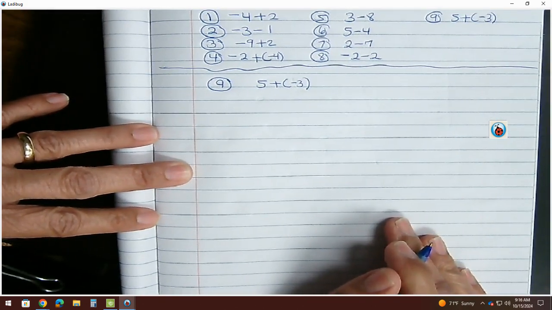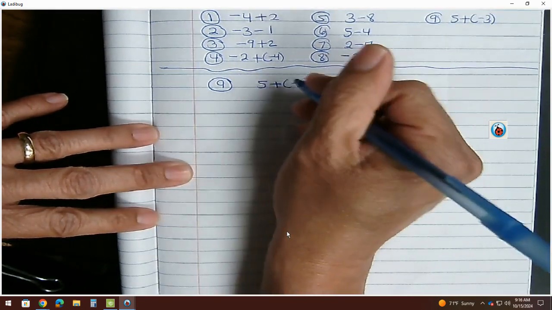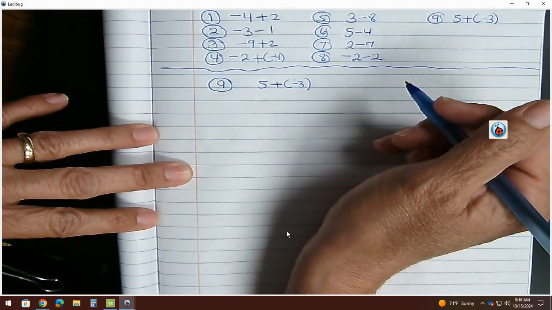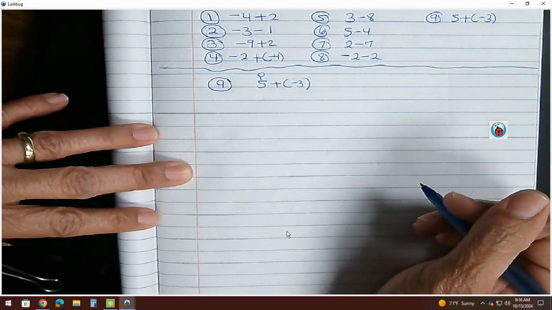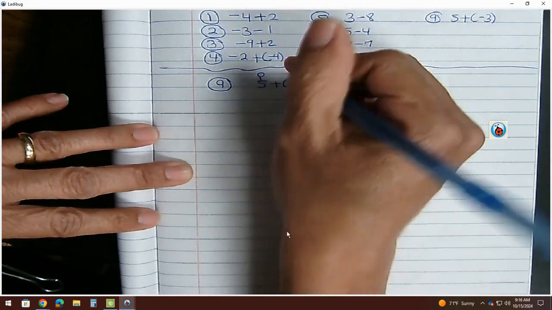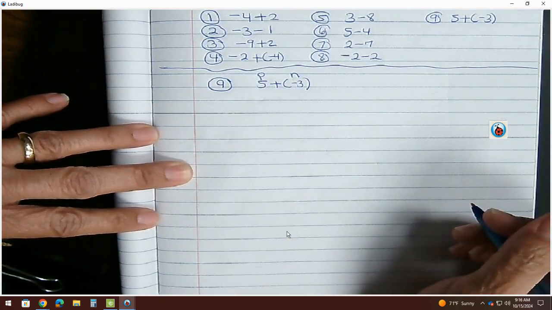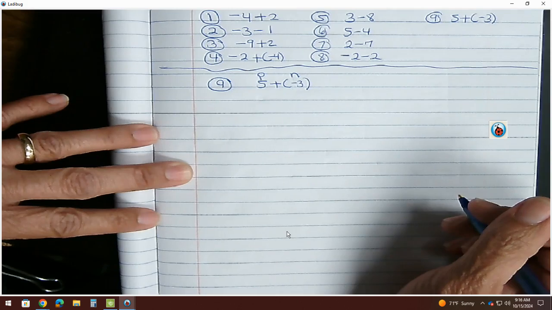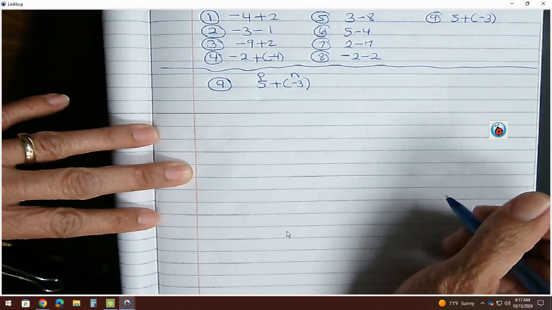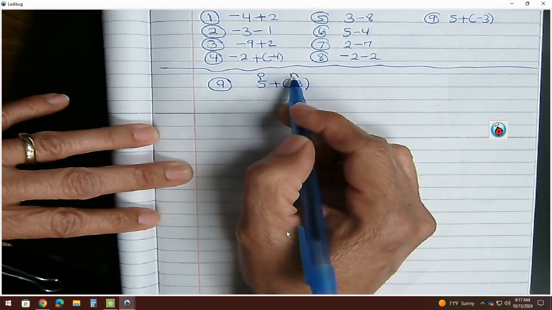Now analyze the facts. Who's the 5? Positive. Who's the 3? Negative. Same or diff? You only have 2 rules that I've taught you. Same or diff? Diff. Why would you say same? Look, there's a positive and a what?